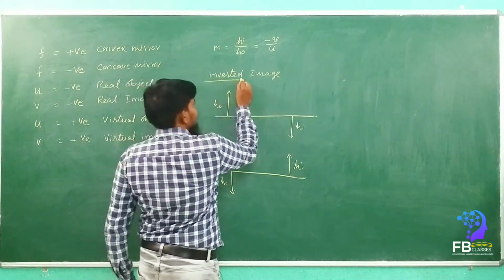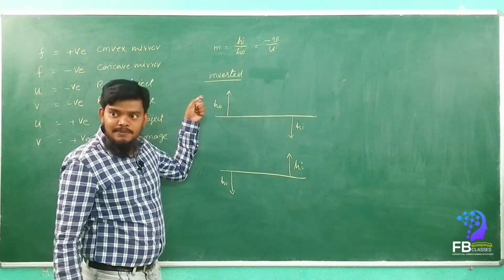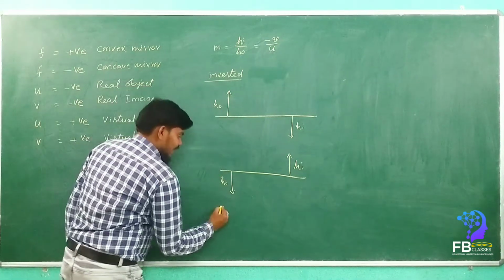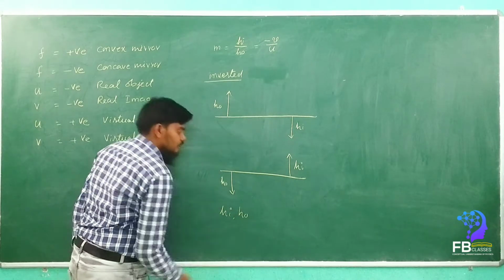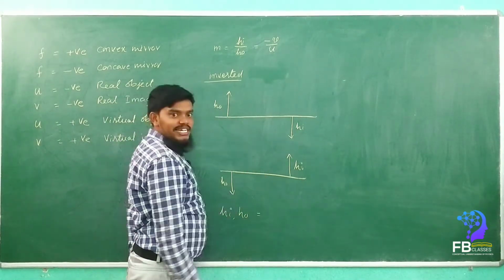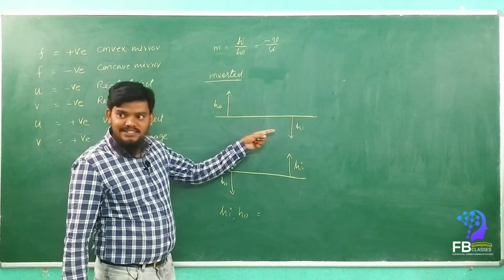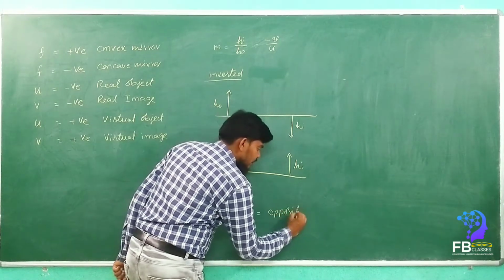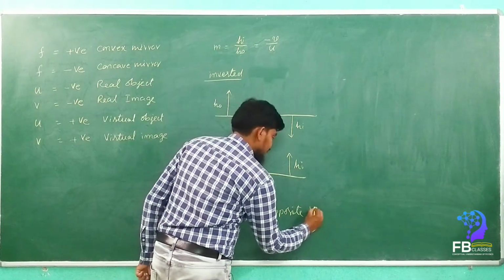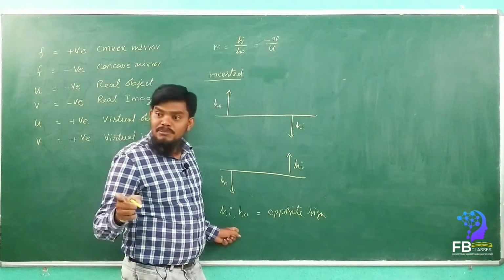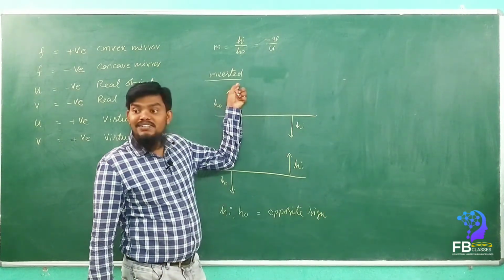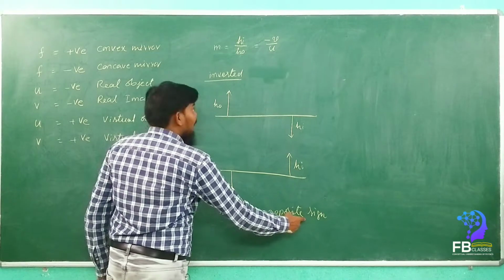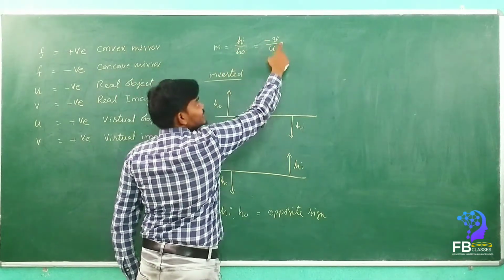Inverted image, you need not worry. How can it be considered inverted? For inverted, hi comma ho is equal to opposite signs or same signs? It is opposite signs, right? Yes, sir. So hi comma ho should come as opposite signs. If hi and ho come as opposite signs, then it is inverted. If hi and ho are opposite, then v and u will come as the same sign.